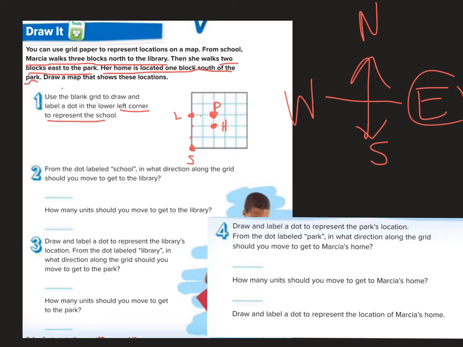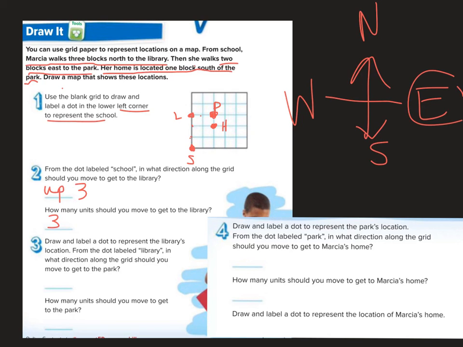From the dot labeled school, in what direction along the grid should you move to get to the library? We're going to move up 3. 1, 2, 3. Up 3 units. Draw and label a dot to represent the library's location. We did that. From the dot labeled library, what direction should you move to get to the park?